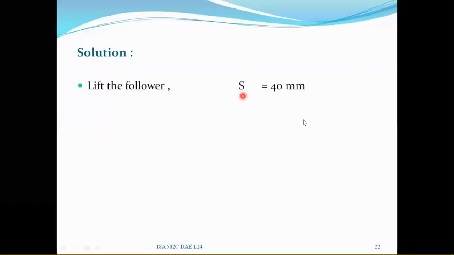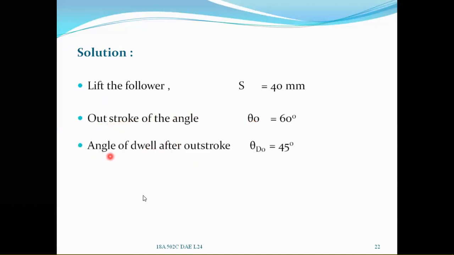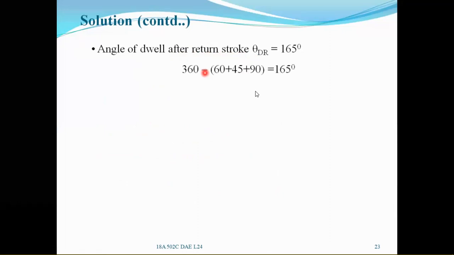So lift of the follower S is equal to 40 mm, outstroke 60 degrees, angle of dwell for the outstroke 45 degrees, angle of return stroke 90 degrees, and the angle of dwell for the return stroke is the remaining 165 degrees.